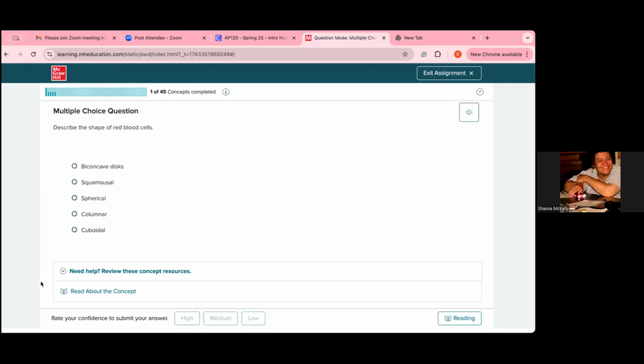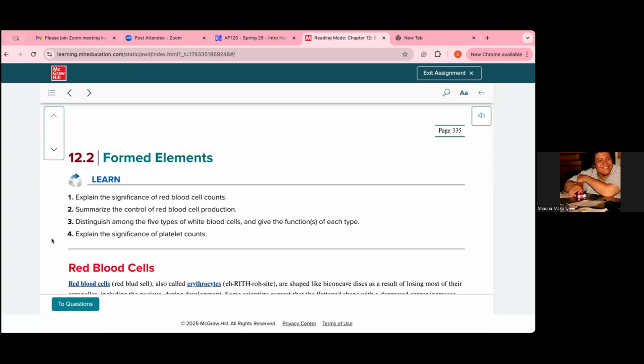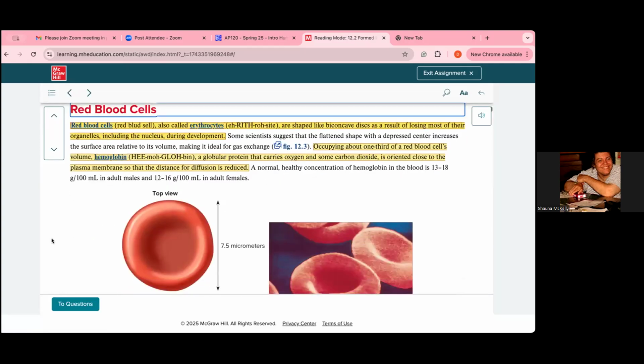Describe the shape of red blood cells. Biconcave disc, squamous, spherical, columnar, or cuboidal. I think they're spherical, but let's look it up. Red blood cells, also called erythrocytes, are shaped, oh, see, I'm glad I looked it up, are shaped like biconcave discs as a result of losing most of their organelles including the nucleus during development.